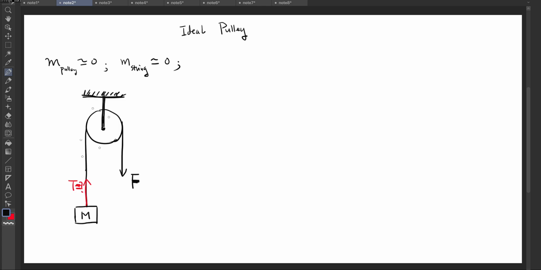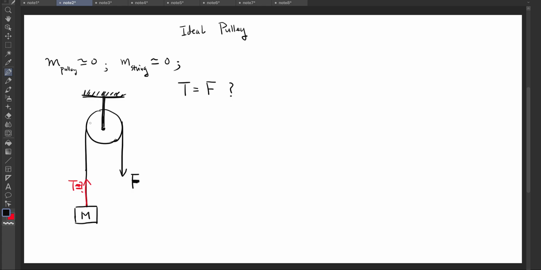However, since we added this pulley here, will that make the relation between T and F different in our situation here? We're going to say that for an ideal pulley, this relation still holds. So we can still say T equals F. Okay, but why?